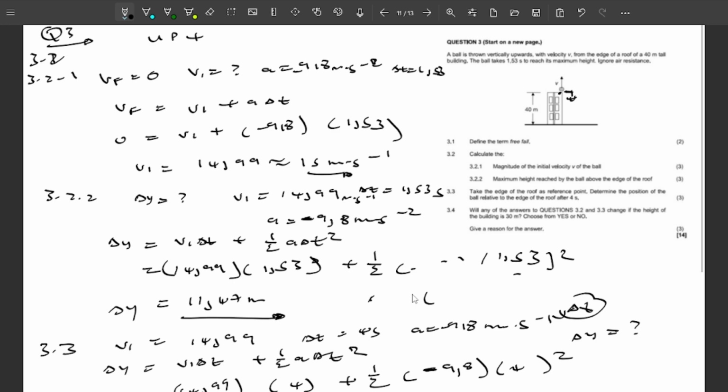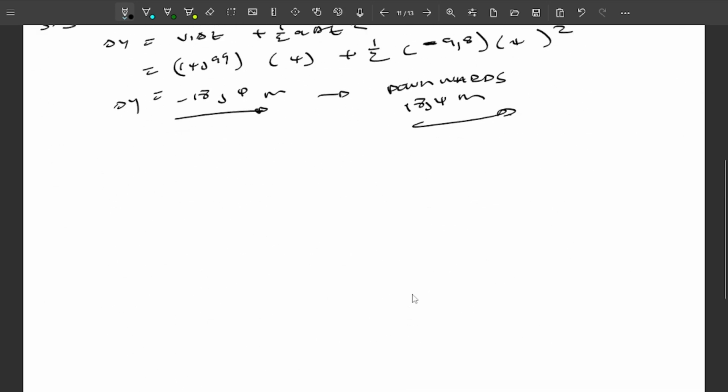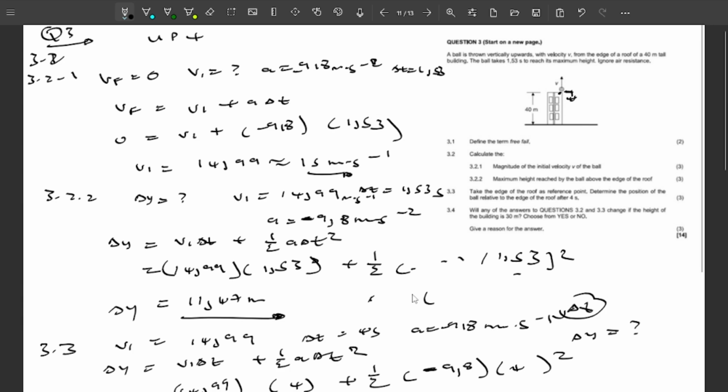If you times it by 2, you would get 22.94. That's the distance it took to reach the whole path. But since we found it to be 18.4, this means it's below the reference point. And take note of the time.